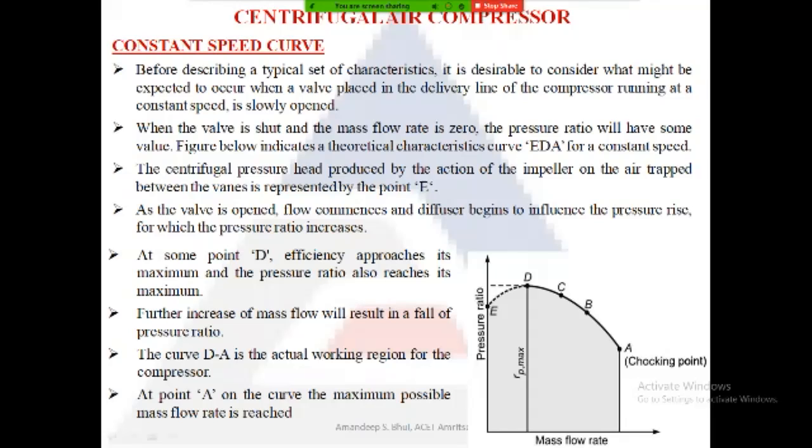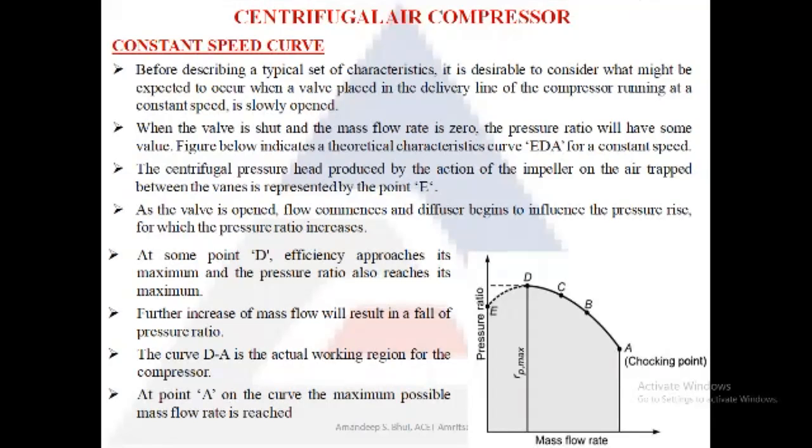When the compressor is to be started, we assume that the delivery valve is fully closed. The centrifugal compressor is stationary, it is not running, and the delivery valve is closed. So there will be some air trapped inside the compressor vanes.